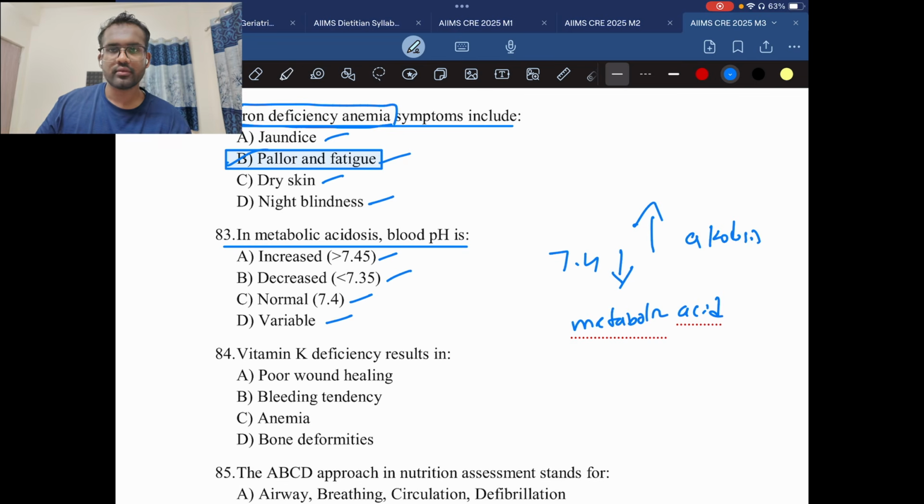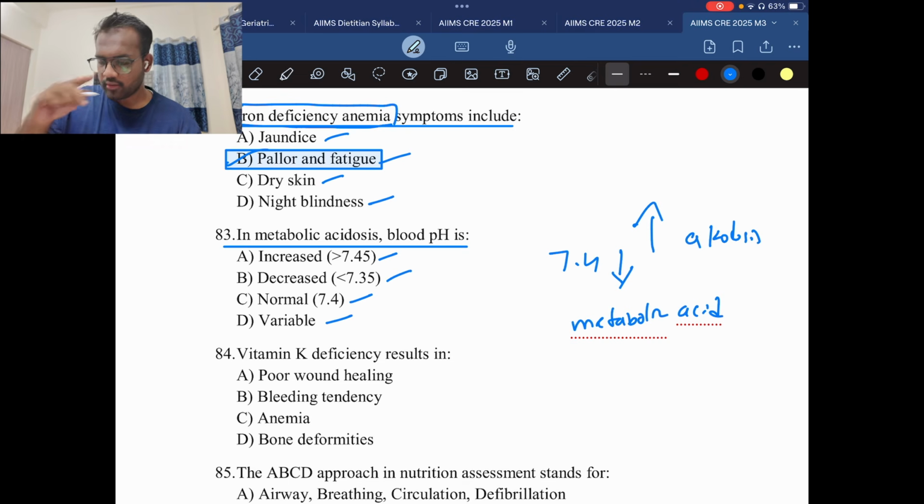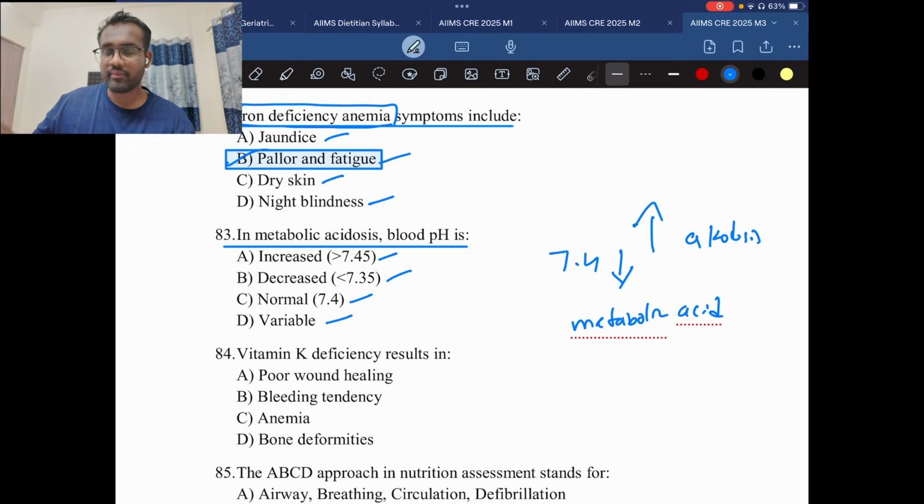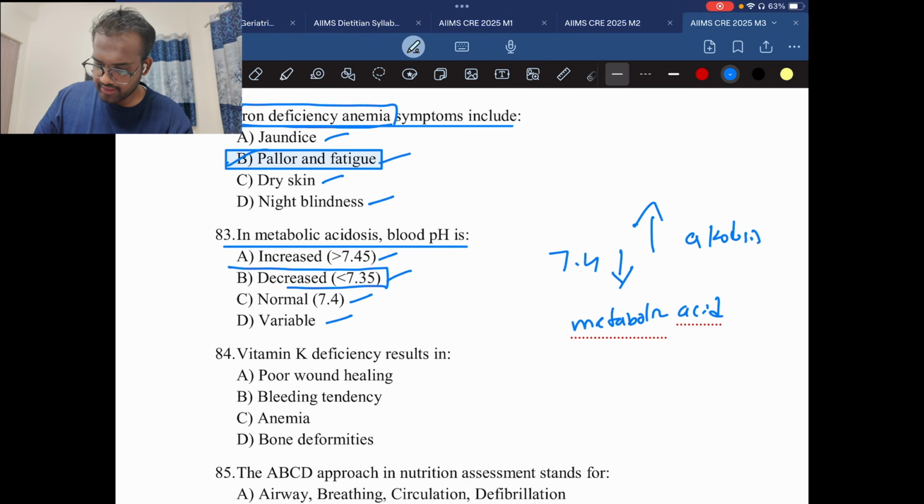There is a basic thing you need to know: when there is metabolic acidosis or alkalosis, our liver, lungs and kidneys balance it out by excreting bicarbonates or holding bicarbonates. It's a very detailed topic, I will cover it in later videos. Right now, you need to know that if the pH is less than 7.4, that is called acidosis, and if it is more than 7.4, that is called alkalosis. So according to the question, in metabolic acidosis, blood pH is decreased, less than 7.35. So the answer will be B.